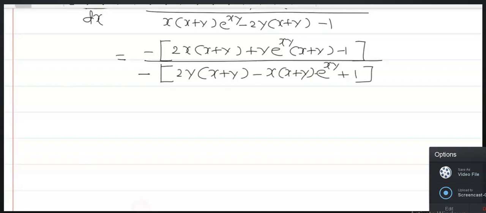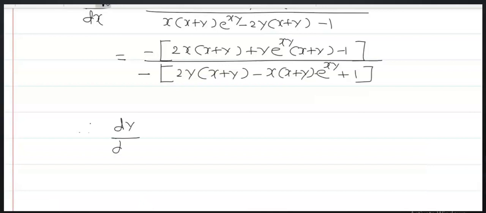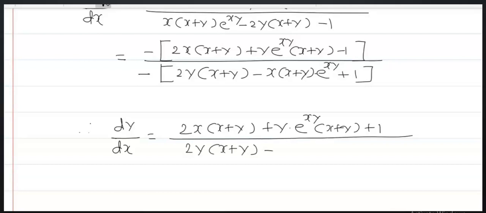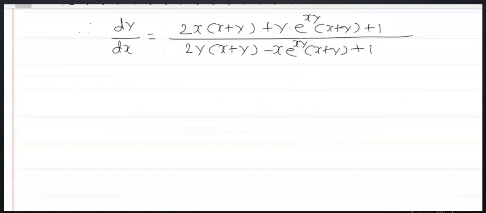This minus minus will become plus, therefore dy by dx is equals to 2x. This is the dy by dx.